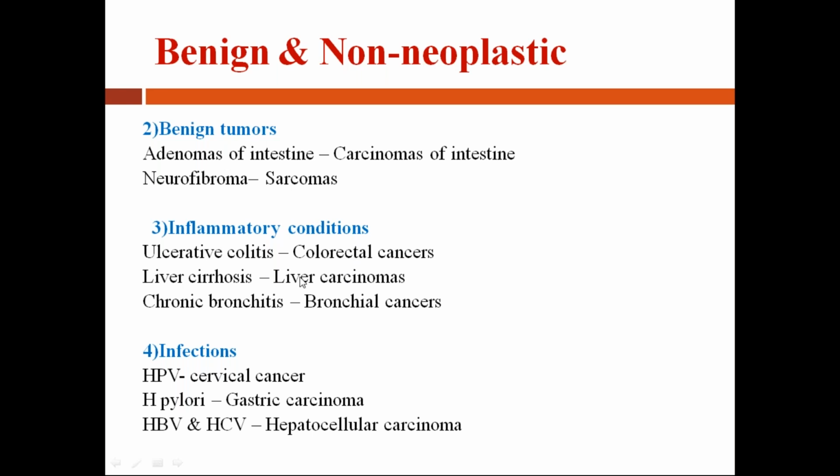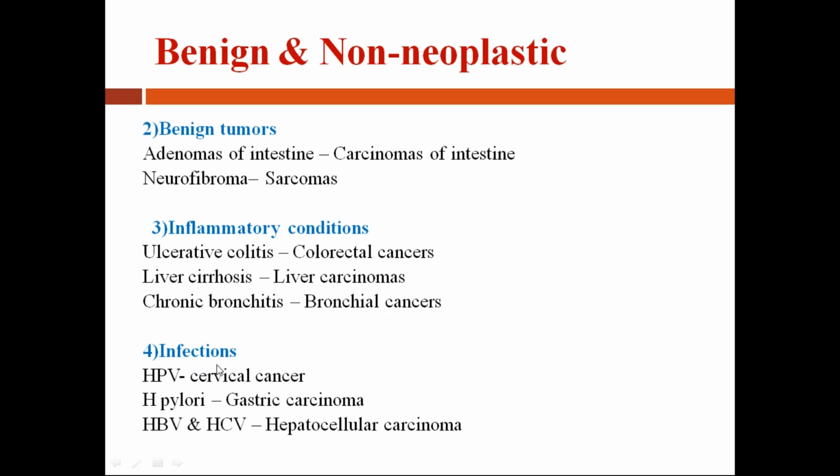Similarly, some inflammatory conditions. Liver cirrhosis, as you all know, can progress to hepatocellular carcinoma. Similarly, ulcerative colitis, an inflammatory bowel disease, which you will learn in detail in the intestine chapter, can progress to colorectal carcinoma, and chronic bronchitis to bronchial cancers.